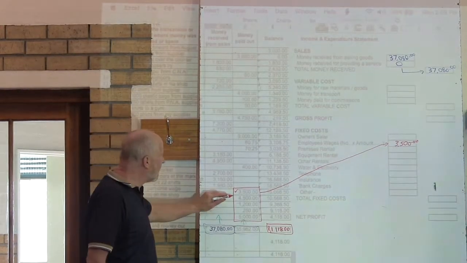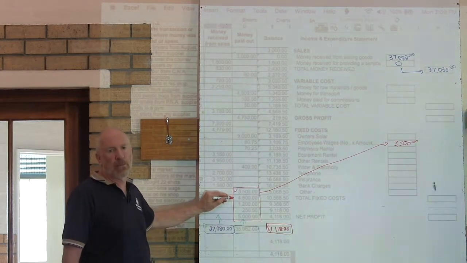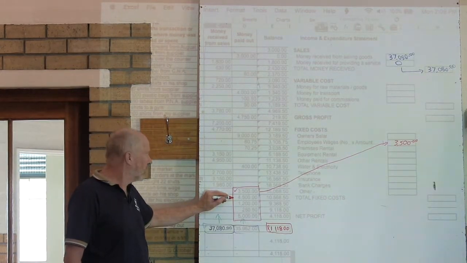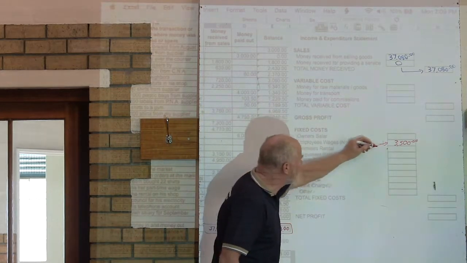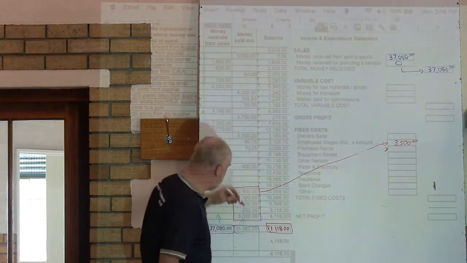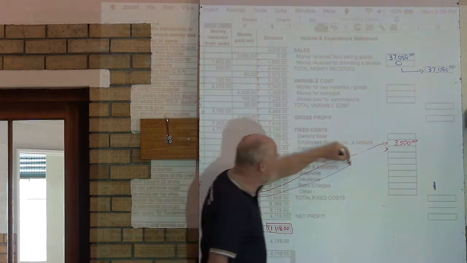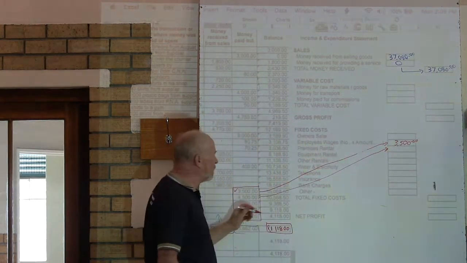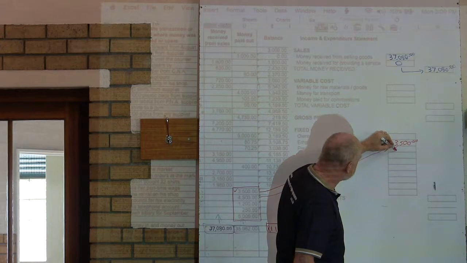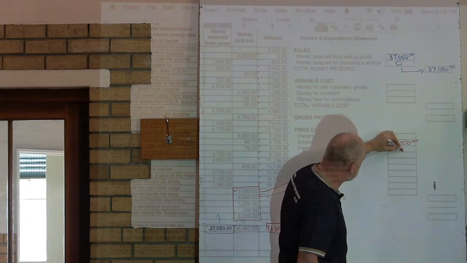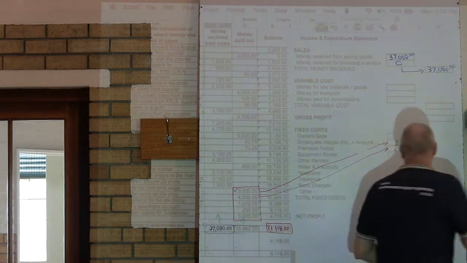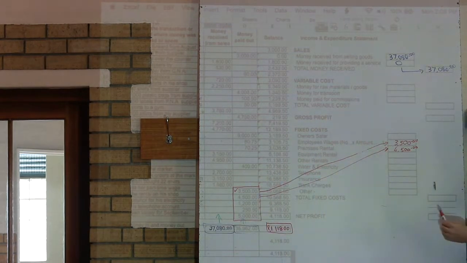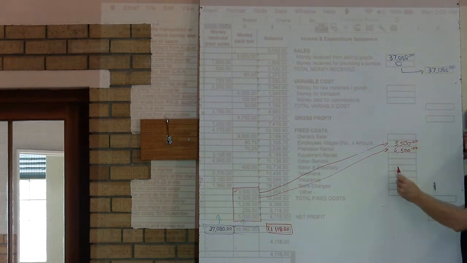Is this figure here rental for the shop? Okay, so we find where we're putting rental, premises rental is there, so we're aiming for that point there, and we take that figure and simply write it in there, 4,500. Now, I'd like to suggest, try to write these in columns.